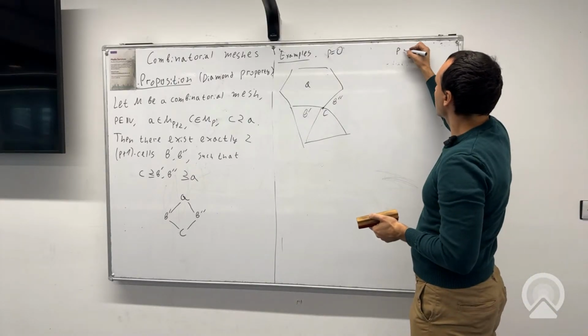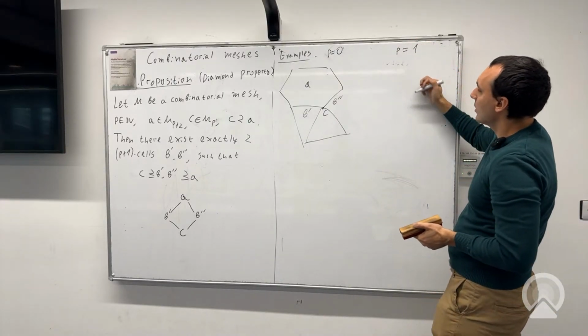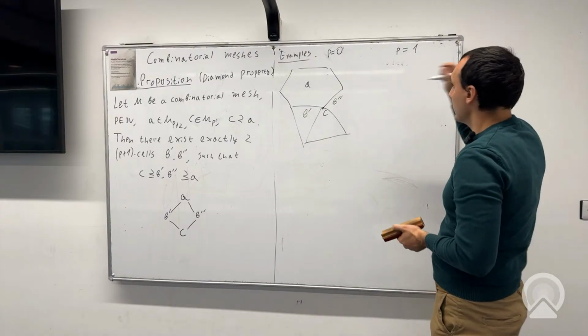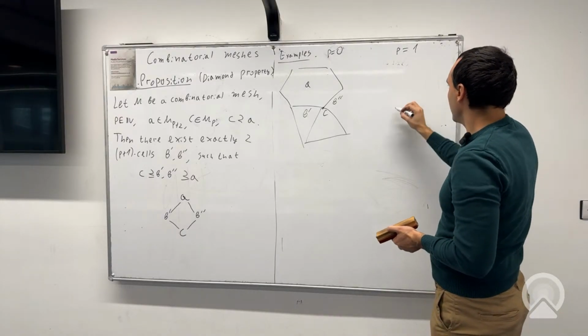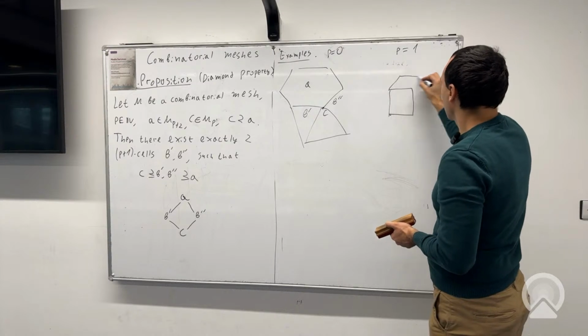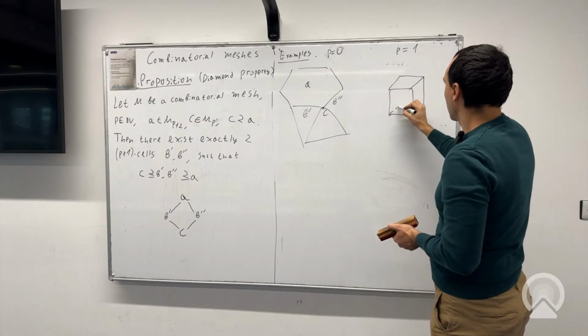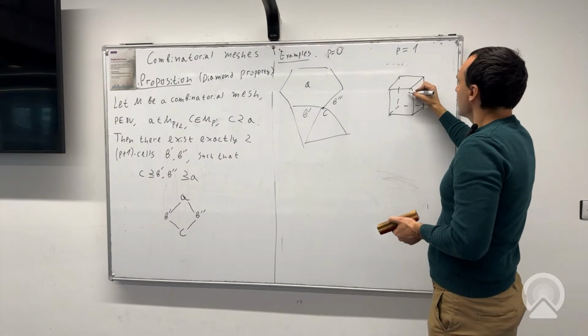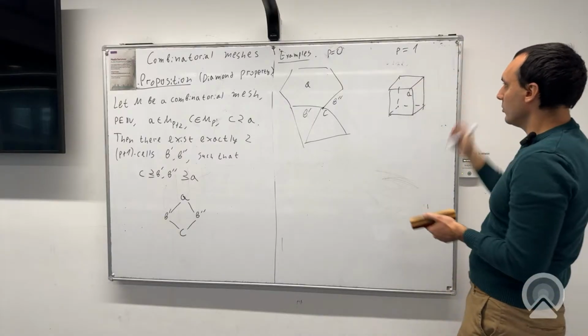When P equals 1, we have to be in 3D. Let's take a cube, for example. This is my cell A, the volume.